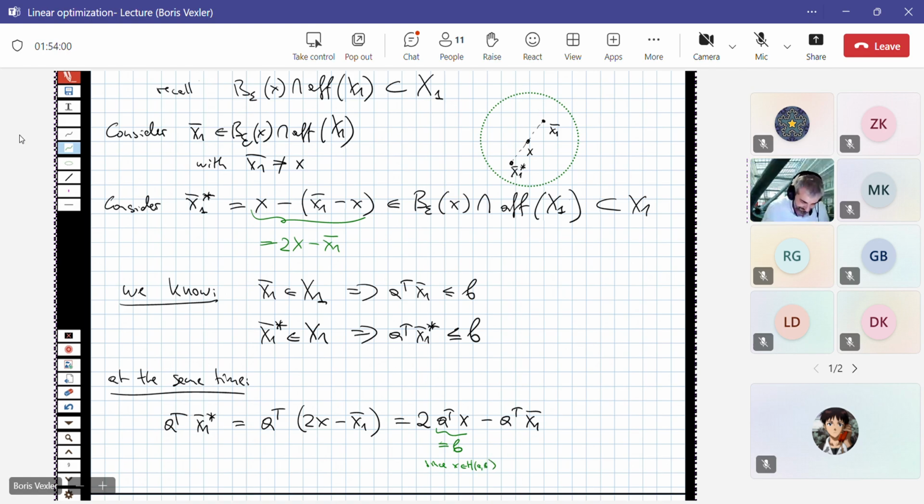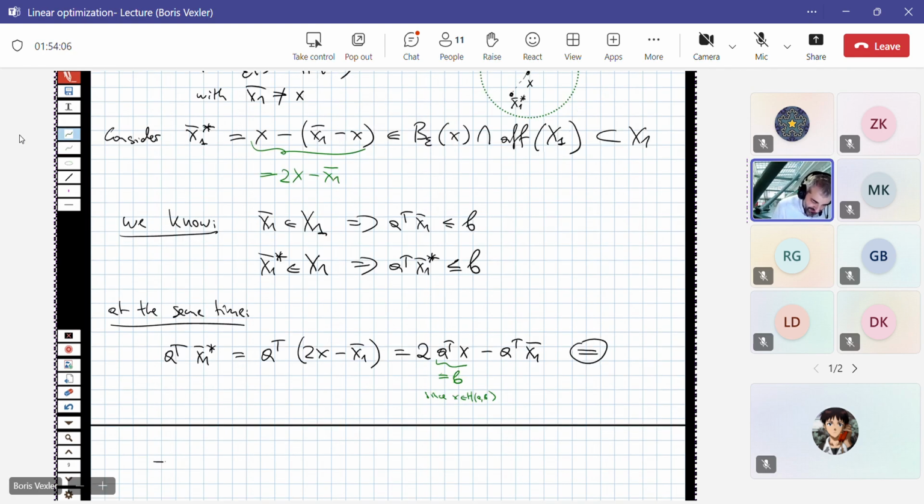Therefore this is equal to 2b minus A transpose x1 bar. And this is equal to b plus (b minus A transpose x1 bar).